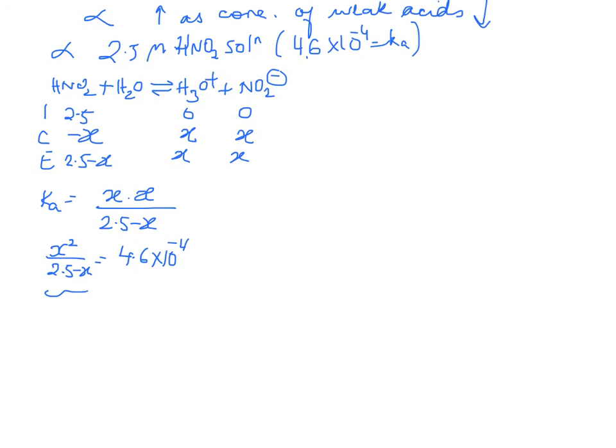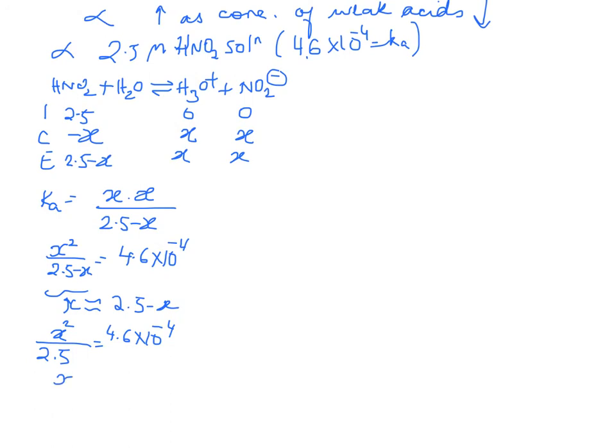So we can apply the approximation: x is much smaller than 2.5, so x squared divided by 2.5 is equal to 4.6 times 10 to the negative 4. Let's solve this.